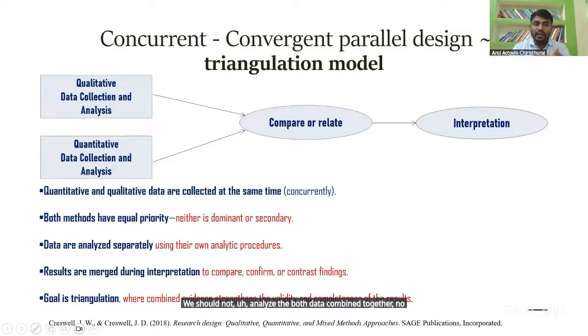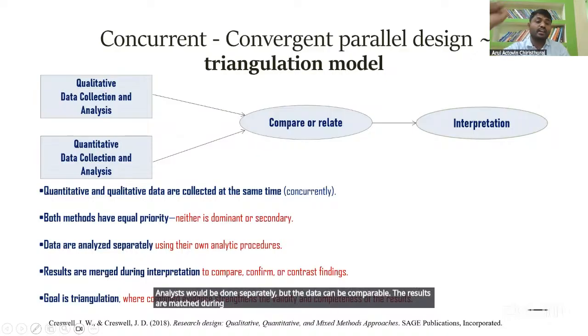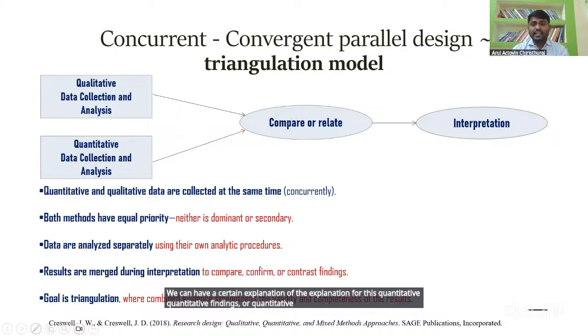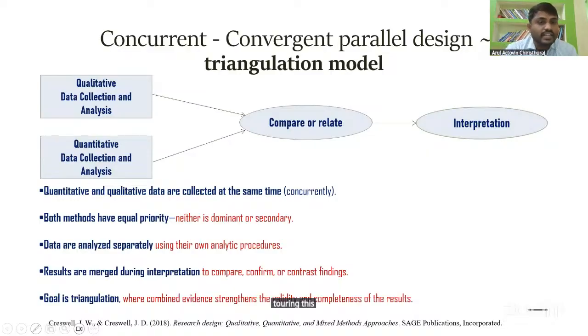No, data collection as well as analysis should be done separately, but the data can be compared later. The results are matched during interpretation in order to compare, confirm or contrast findings. Whether the findings align with each other or contrast with each other, whether we can have an explanation for the quantitative findings, or whether a certain link or connection exists, can be interpreted during this design.